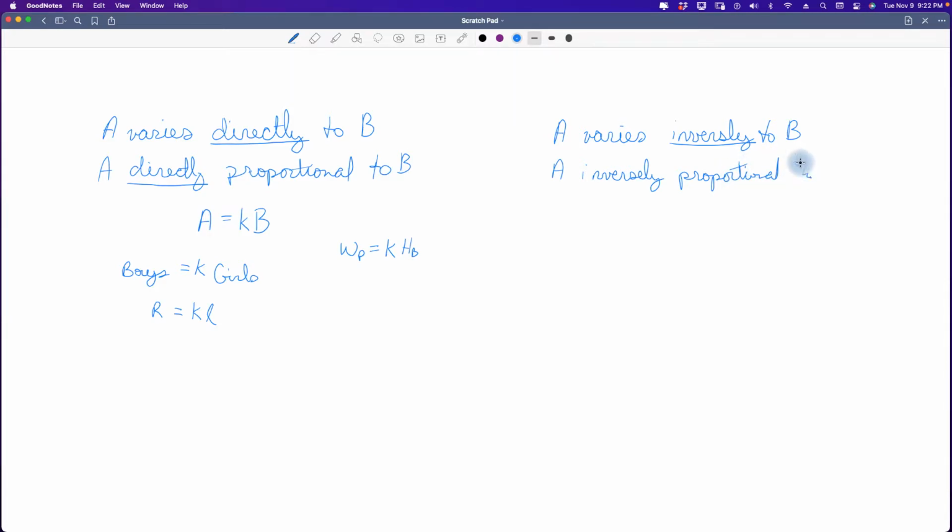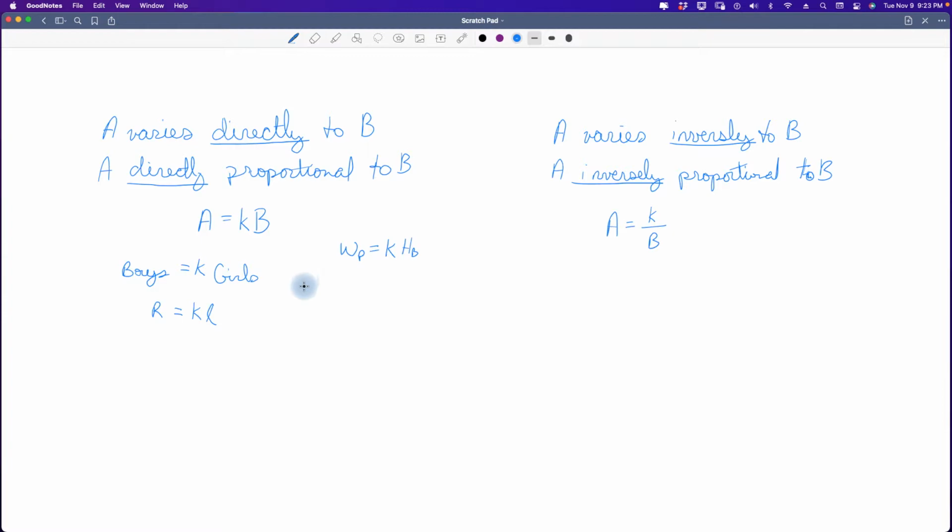That inversely is our clue that it's going to be a ratio on a ratio. So it's going to be A is equal to K divided by B.